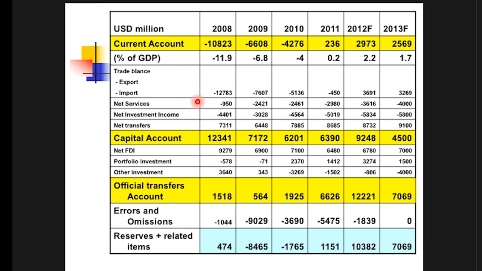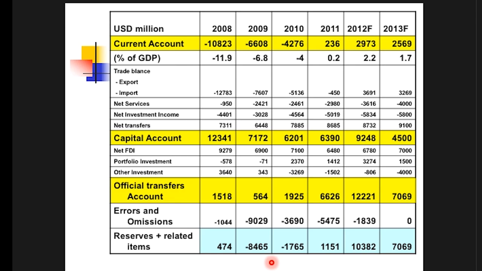The sum of the two balances, minus 10,000 plus positive 12,000, will be the result for the official transactions account, and it will be positive because the positive in the capital account is higher than the negative in the current account.